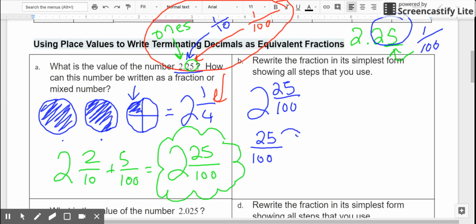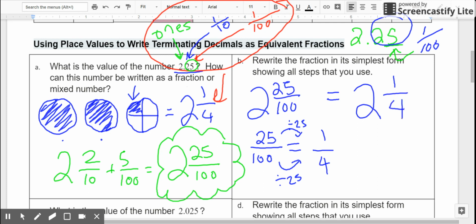So I'm going to take 25 100ths and divide it by 25 over 25. And when I do that, 25 divided by 25 gives me 1, and 100 divided by 25 gives me 4. So that's where I'm getting this simplified mixed number, 2 1/4.